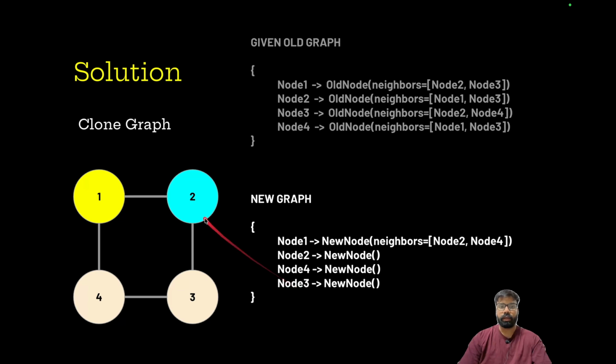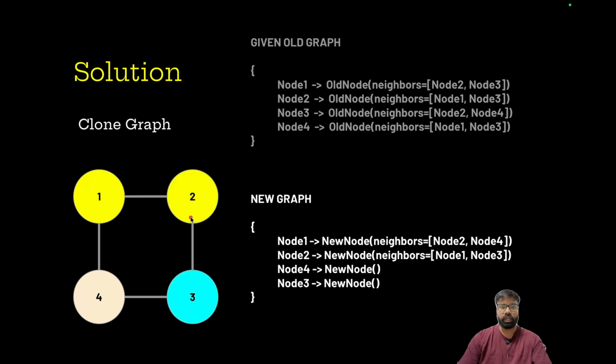Now, since we have node 1 and node 3, we give the information that node 2 has neighbors node 1 and node 3. So node 2's neighbors will be updated as node 1 and node 3. On node 2 our DFS is completed. The whole algorithm is not completed, but for node 2 the traversal is done.